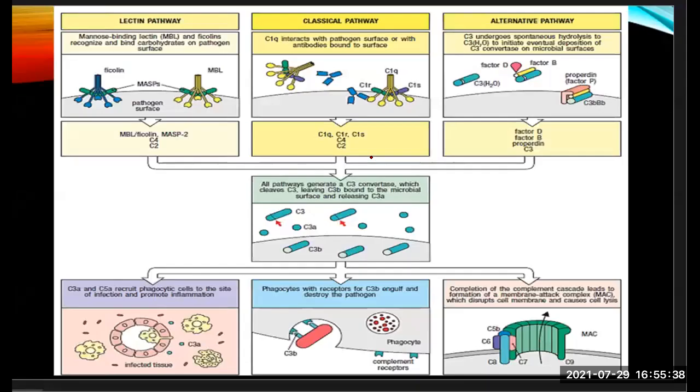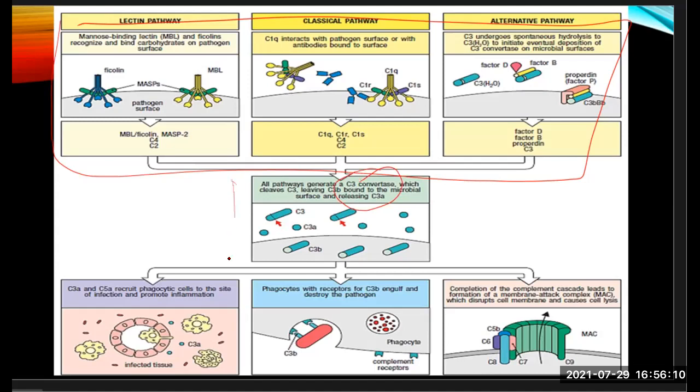Next, how are things going on in each pathway? Let's start. The pathogen recognition mechanisms of the three complement activation pathways are shown in the top row, along with the complement components used in the proteolytic cascades leading to the formation of a C3 convertase.